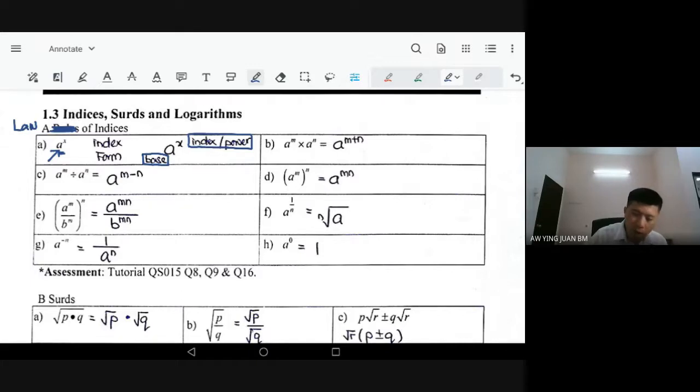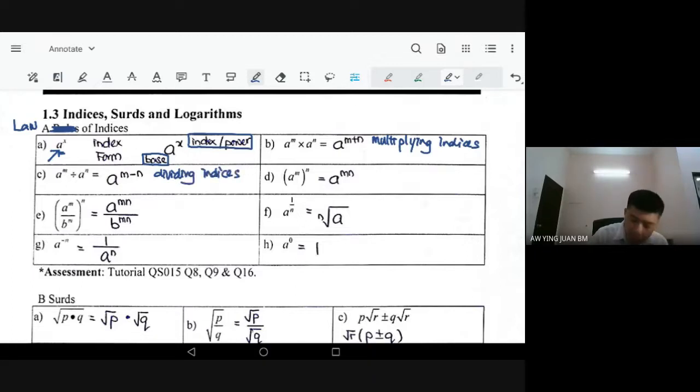Next, B. B, we call it law for multiplying indices. Okay. C, dividing indices.